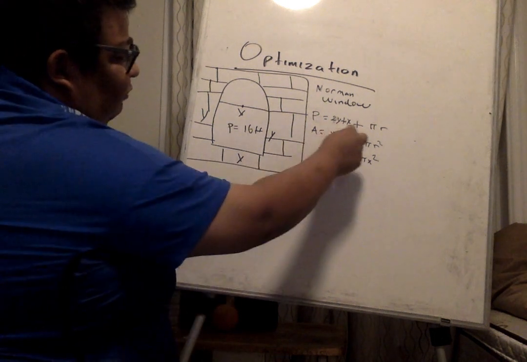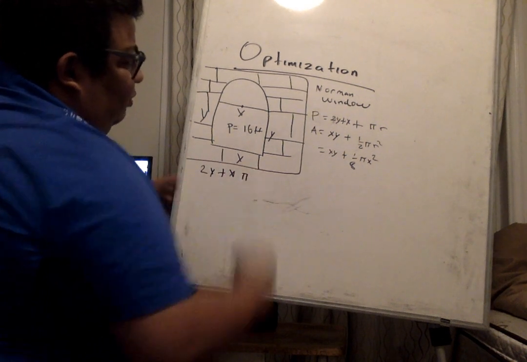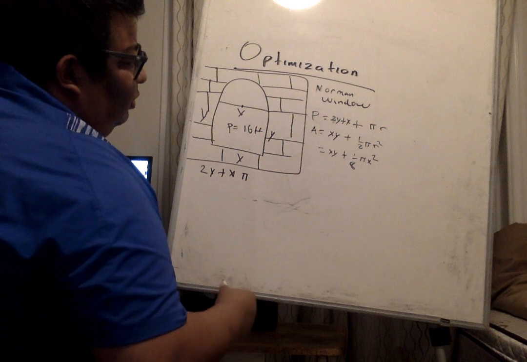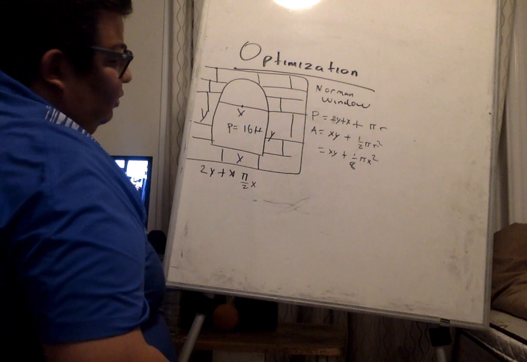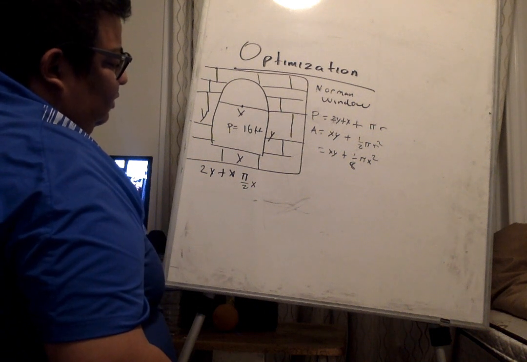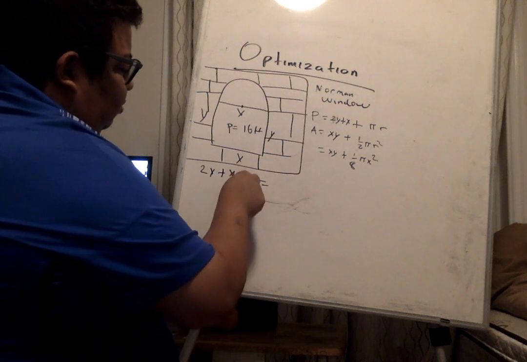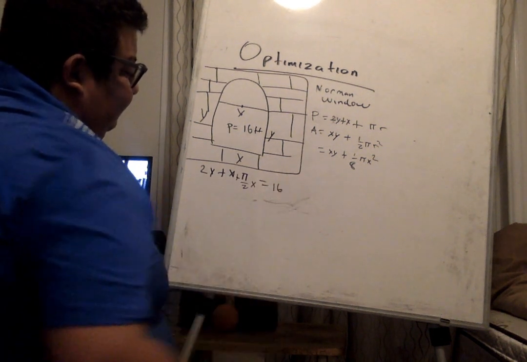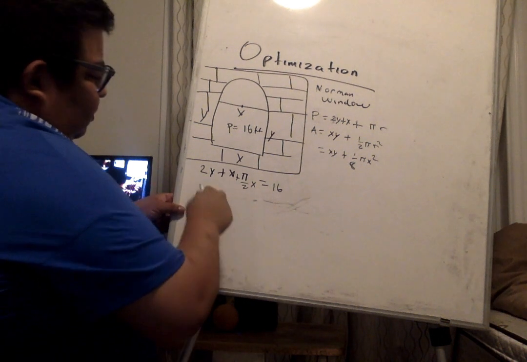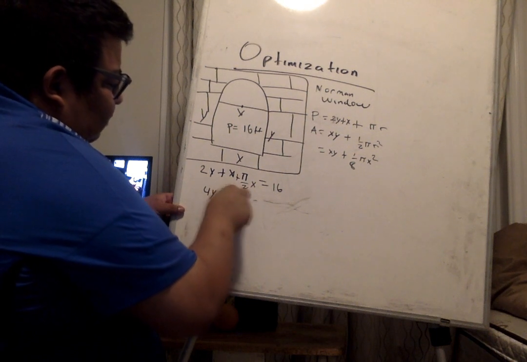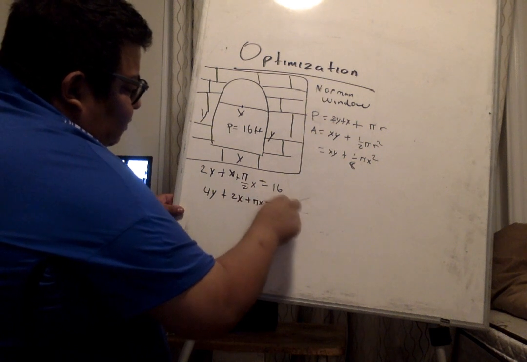Okay, so let's solve for y here. So 2y plus x plus pi r, and we already know that r is equal to half x, so that would be pi over 2 x, equals 16 feet. We multiply everything by 2 to get rid of these 2s, so that would be 4y plus 2x plus pi x equals 32.